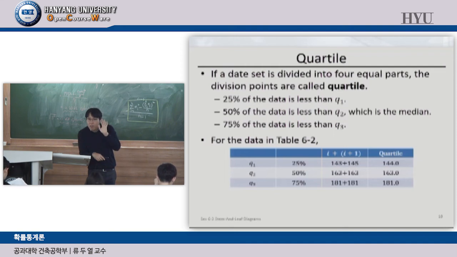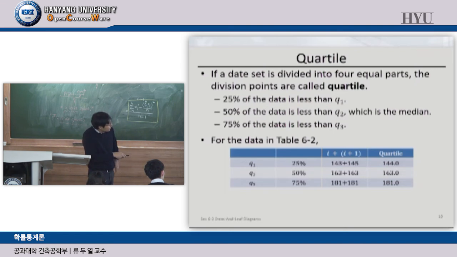We have 80 compressive strength data points from the OCW specimens. So 25% of the 80 data points is 20 samples. Okay? So 25% of the data should be less than Q1. This means that the value of Q1 should be larger than the 20th data point, but smaller than the 21st data point. Right? Because we only have to include 20 data points in the Q1.